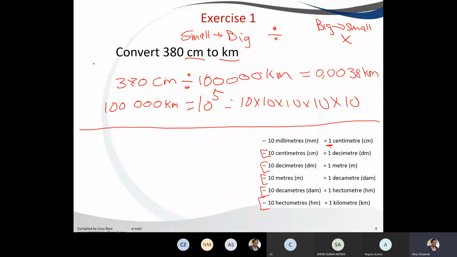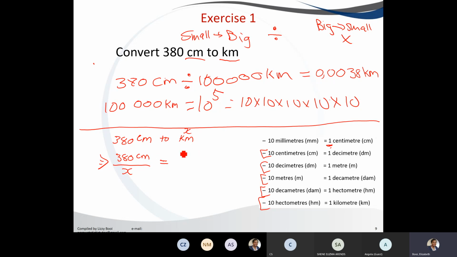If I want to use the method that I showed you earlier, we know that we have 380 centimeters to kilometers. We change the kilometers to an X, and we say it is equivalent to 380 centimeters divided by X, because the 2 will make us do the division.